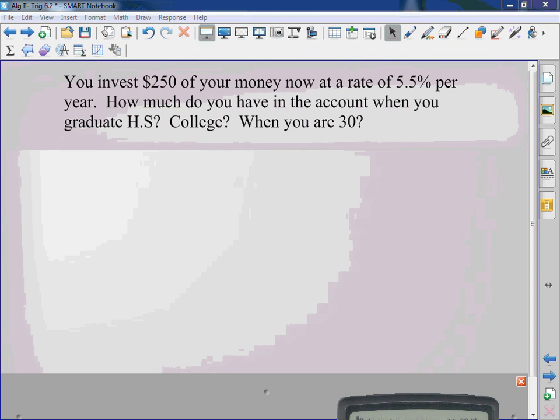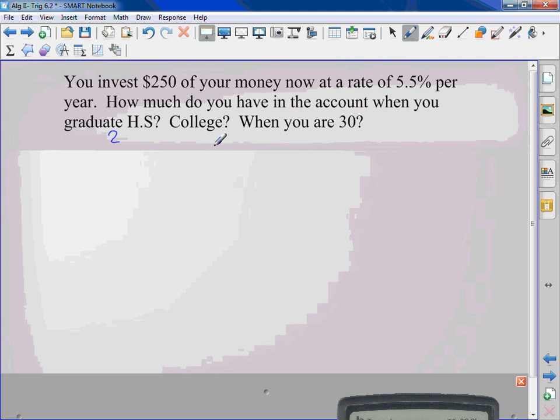How long is it pretty much for everyone in here to graduate high school? 4 years. Well, for you, it's going to be 2 more years. For the most part. Now, in college, how long is it going to take you to graduate college?